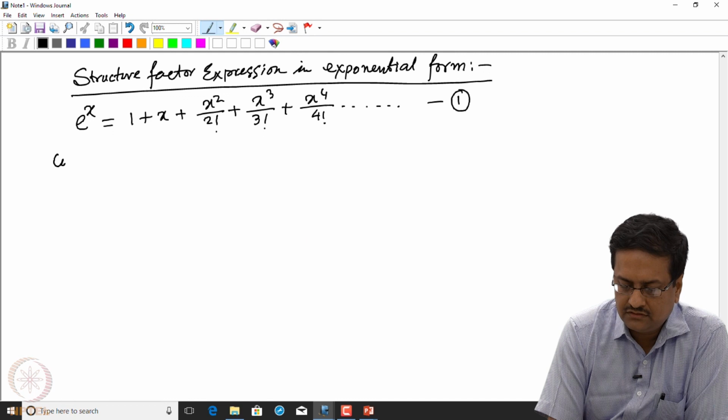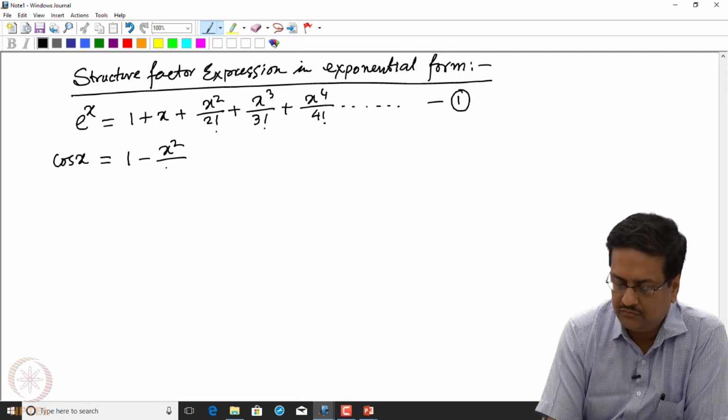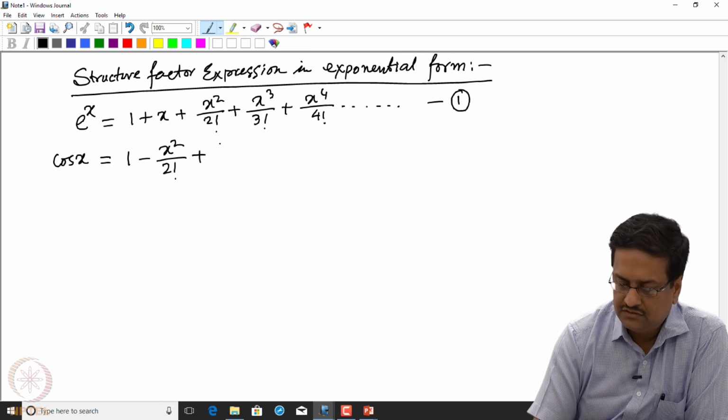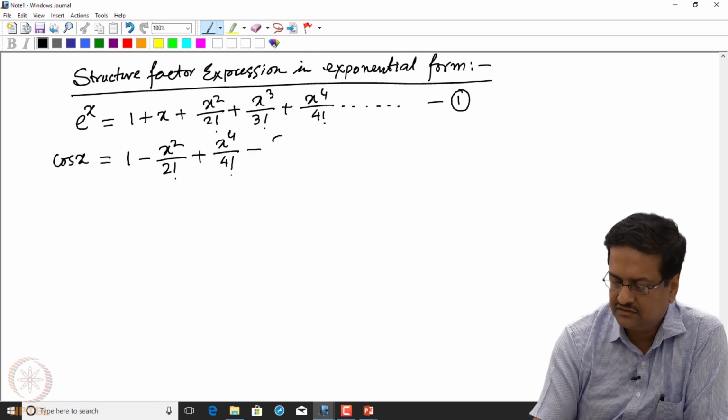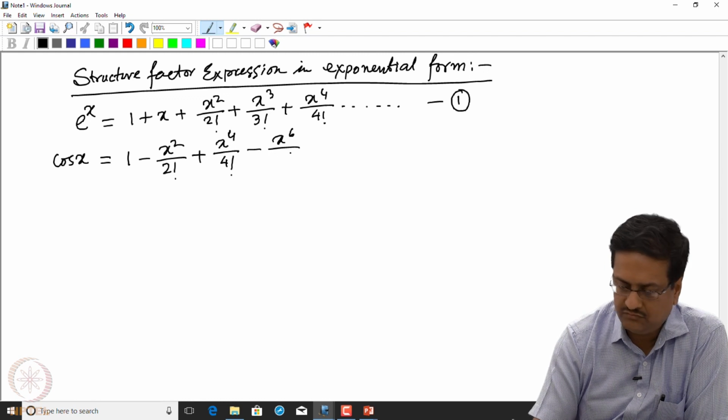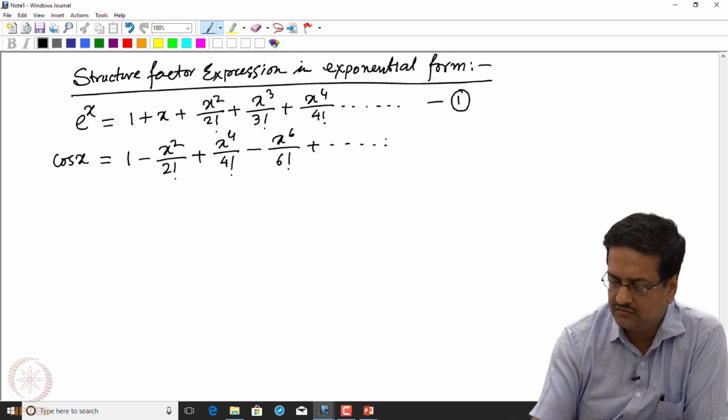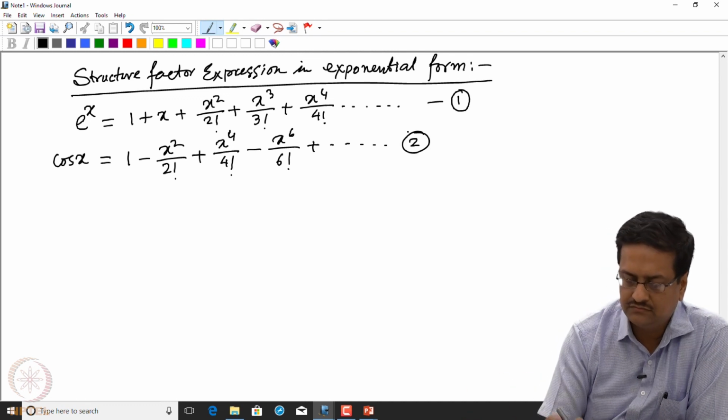We write cos x equal to 1 minus x square by 2 factorial plus x to the power 4 by 4 factorial minus x to the power 6 by 6 factorial and so on, as expression number 2.